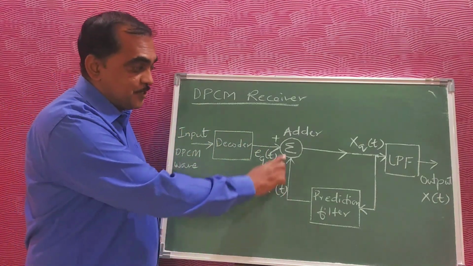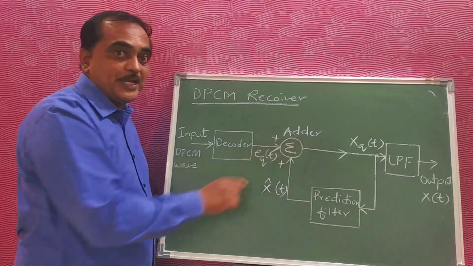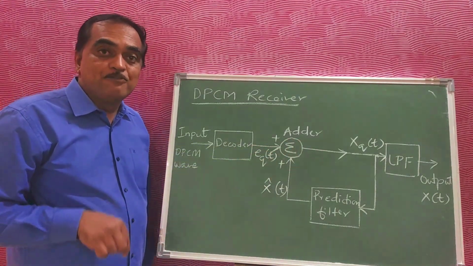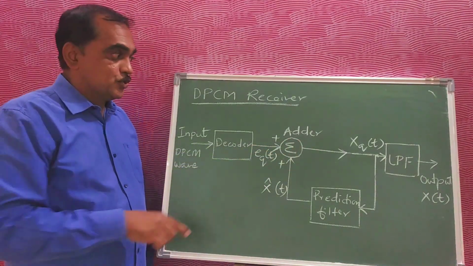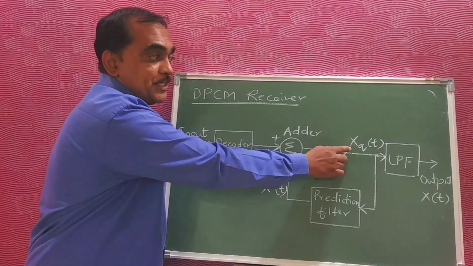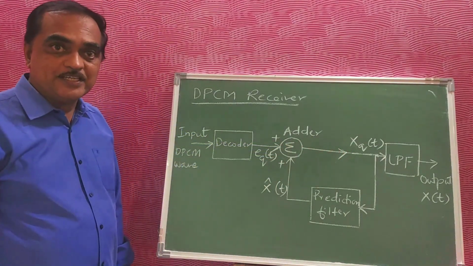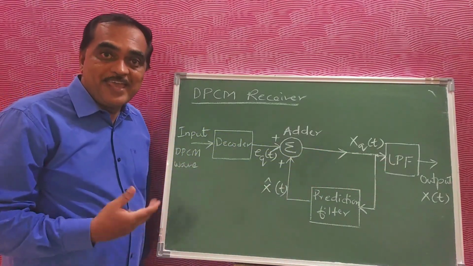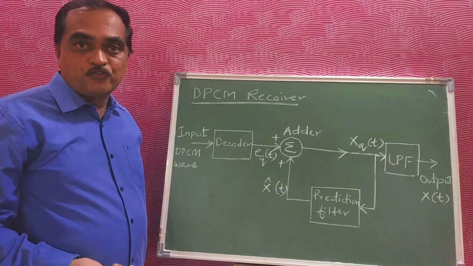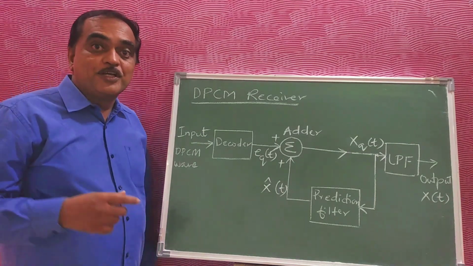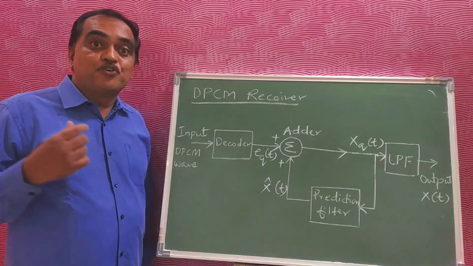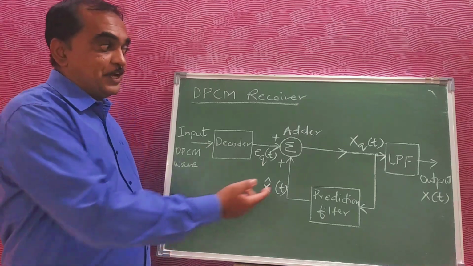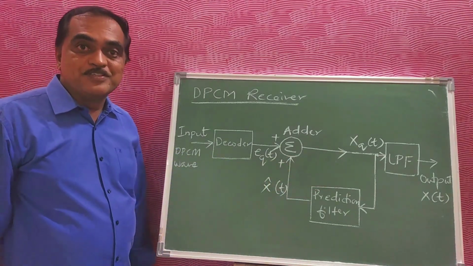After adding this, the value you get is the actual sample value of the present sample. That sample value in quantized form is called xq(t). If you pass that through a low pass filter, xq(t) will become x(t), which will be a smooth analog signal. That will be your main information signal which you first sampled and sent. So that will be the output of the DPCM receiver.